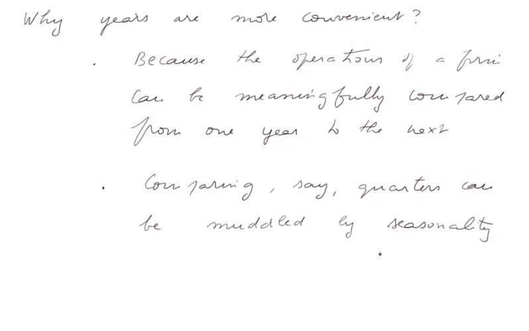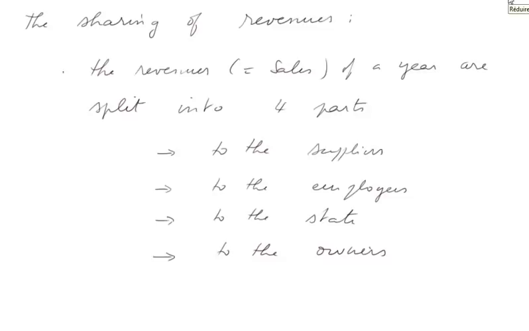A word about the sharing of revenues. The revenues, that is the sales of a year, are split into 4 parts. A part goes to the suppliers, the cost of purchasing various staff, raw materials and other supplies from external agents. A part goes to the employees, the salaries and various charges that will be paid to the employees later, retirement payment, etc., insurance policies.